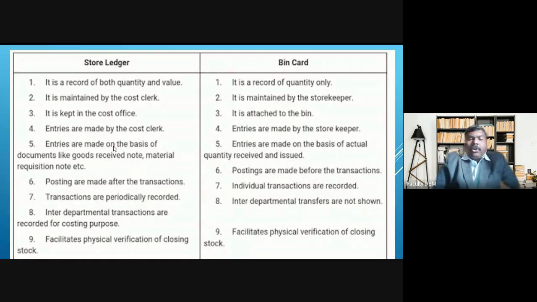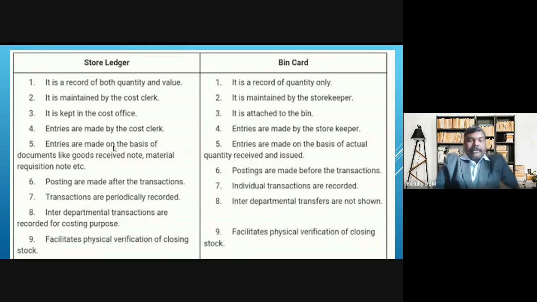Next, postings are made after the transactions, but here the postings are made before the transactions. The clerk is going to write after the transaction, but here, while taking, they check in the manual way and then write. Transactions are periodically recorded, and here individual transactions are recorded.